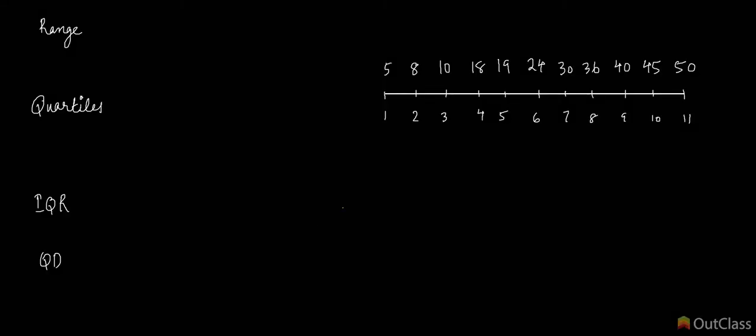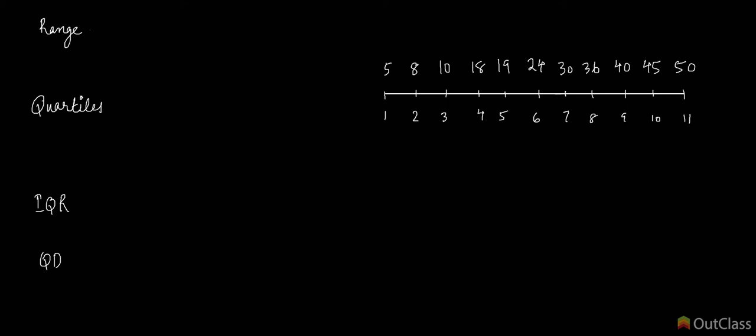Let us talk about some other terms that you need to be familiar with. We'll be using the set of observations right here: 5, 8, 10, 18, all the way up to 50. There are a total of 11 observations that I've marked below just to show the order of the observations that you have.